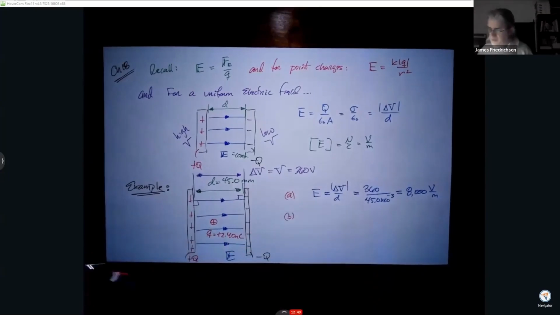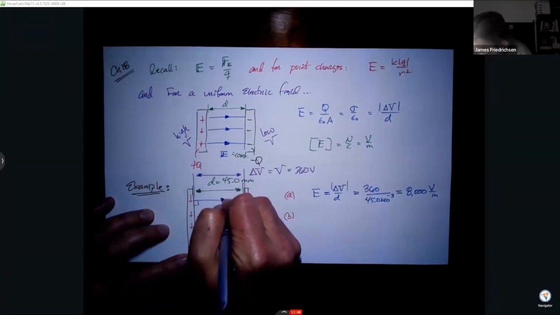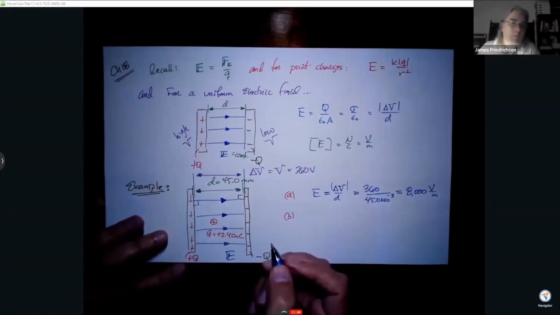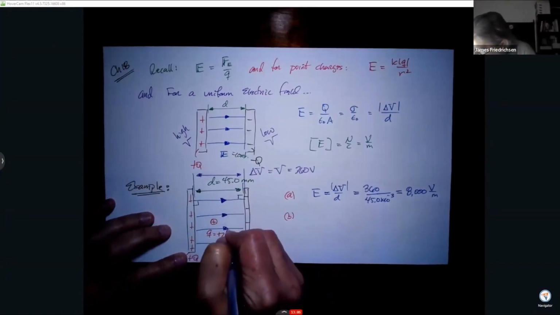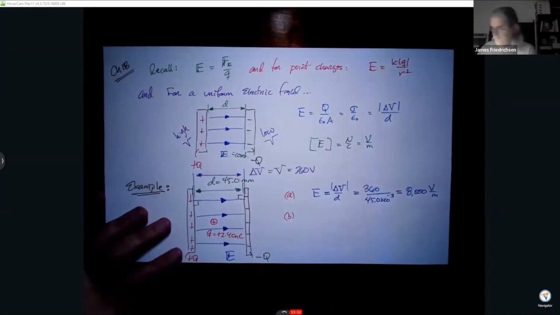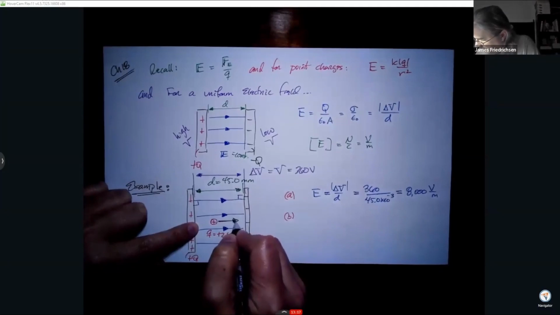And then they wanted to know our force. Now, which way does our force go on our little charge here if you put it in this uniform electric field? It's going to go the same direction as the field because the charge is positive.